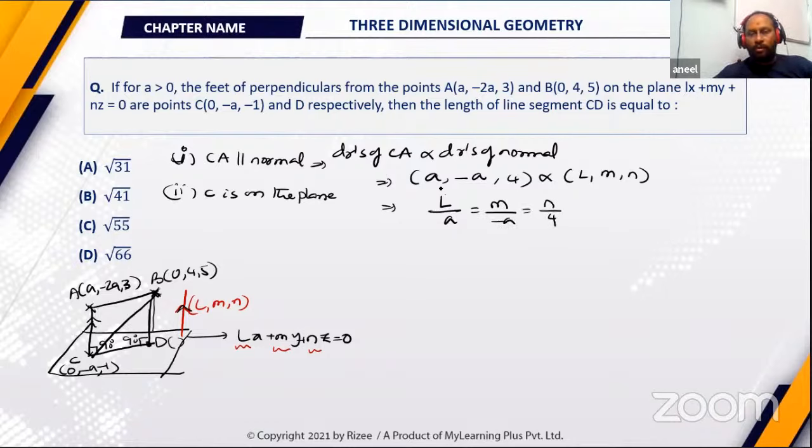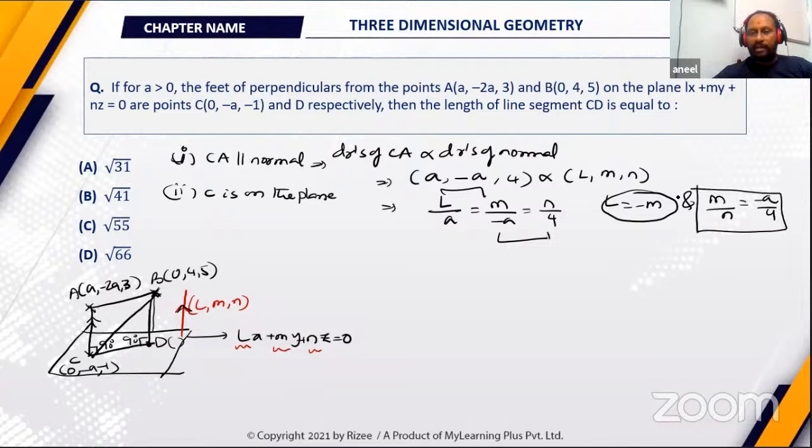From the first two, we can get L is equal to minus M, the first observation. Then from the last two, I can get M by N is equal to minus a by 4. This is the second one. Now I have completed my first observation. Whatever I can derive, I have derived. I got this as equation 1 and this as equation 2.